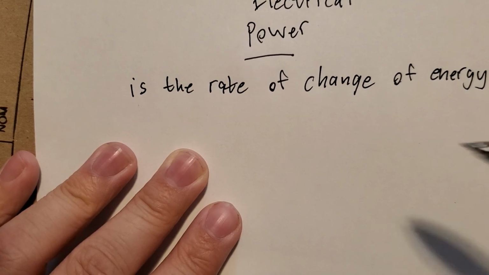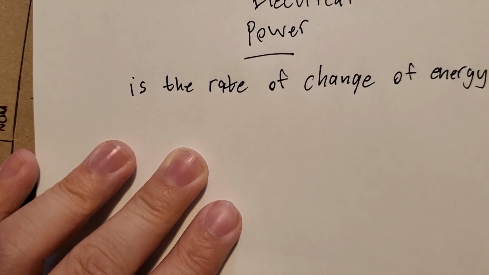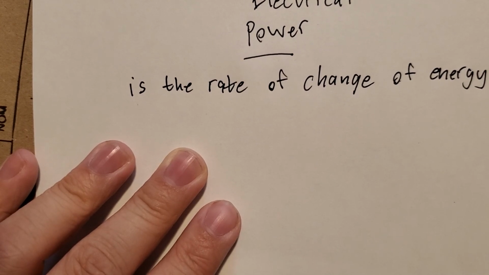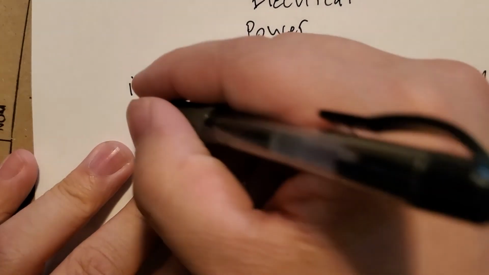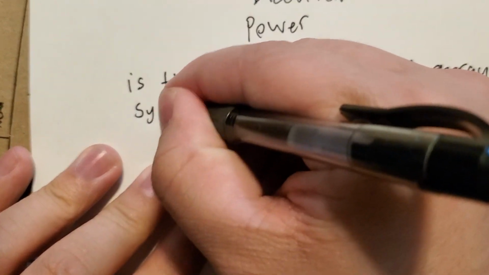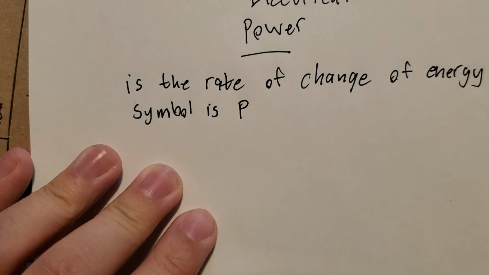So this is how fast the energy is changing in your electrical circuit or in your electricity, right? When we talk about power and the rate of change of energy, the symbol is P, P for power.